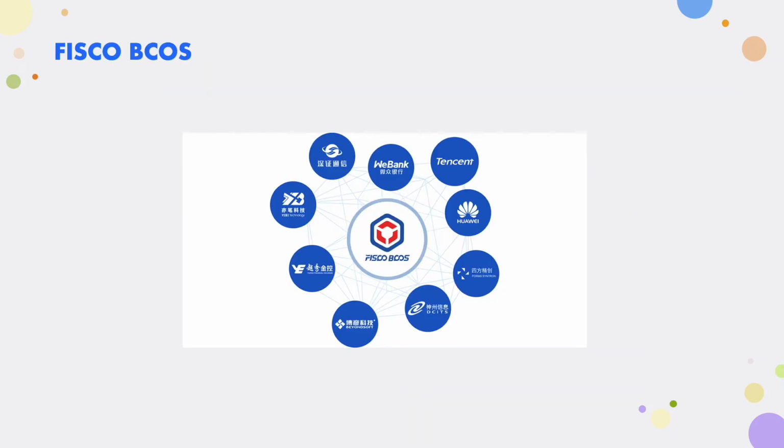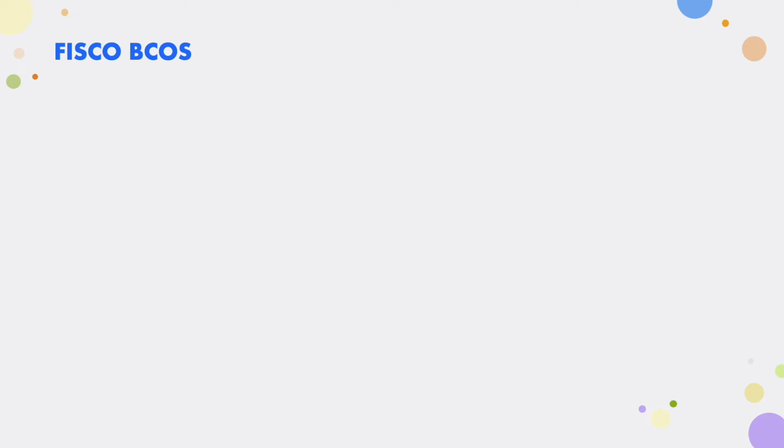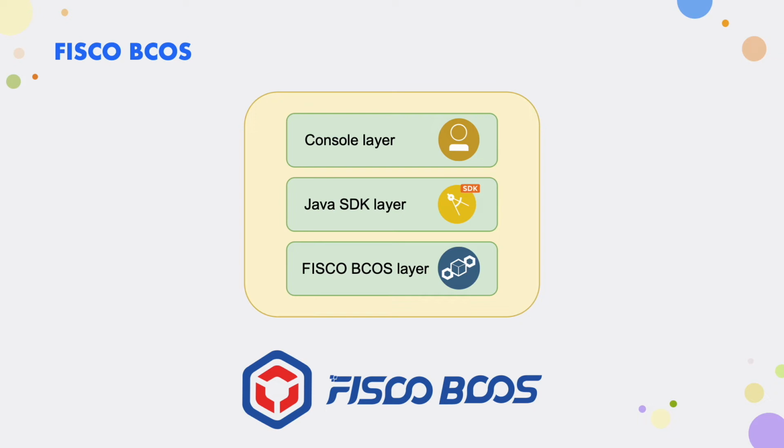Next, we will be looking into the FiscoBCOS architecture that we build the framework on. FiscoBCOS is the first safe and controllable enterprise-level financial consortium blockchain platform open sourced by domestic enterprises. It has three layers: console, Java SDK and FiscoBCOS layer.